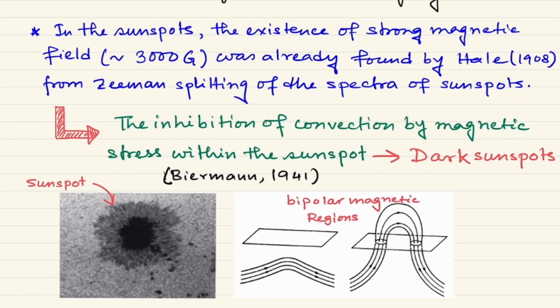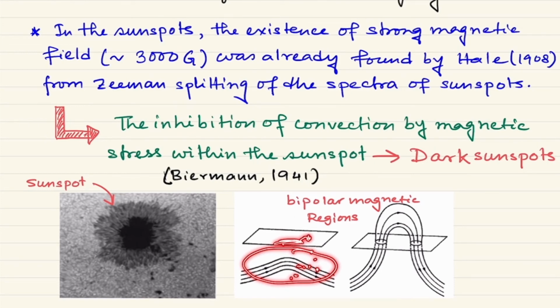Now, why are bipolar magnetic regions formed, and why does plasma come out from one side and go to the other side? The reason is very simple. In general, just above the surface you have some environment where the magnetic field is very weak, while in this part the magnetic field is very strong. So at the surface you should have a pressure balance.